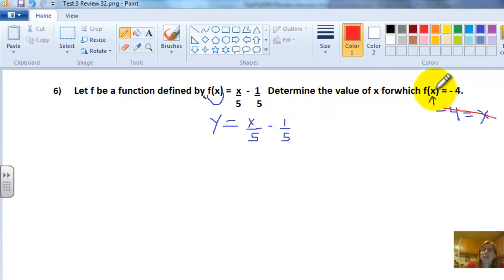You could think of it as y. It's kind of like saying y equals -4. And remember, f of x is the y, so we have a value plugged in there instead. So -4 equals x over 5 minus 1/5.